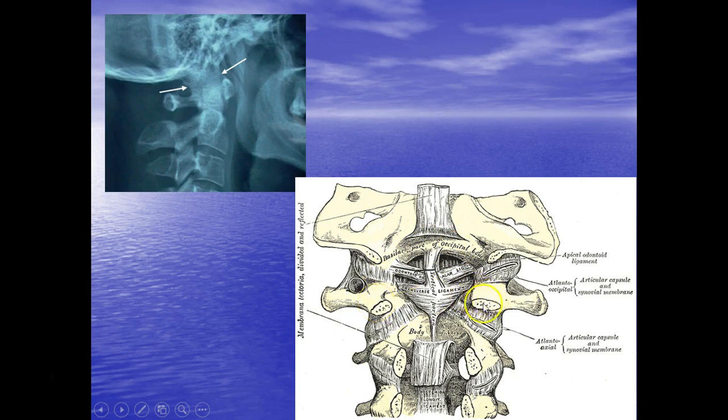This would be the posterior arch of atlas that has been cut away in here, the TVPs of atlas in here, and the body of C2 down below here. The dens is projecting upwards and is being held in place against the anterior arch of atlas by the transverse ligament and the alar ligaments.